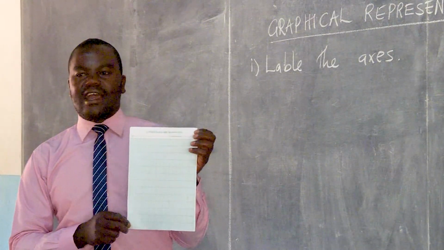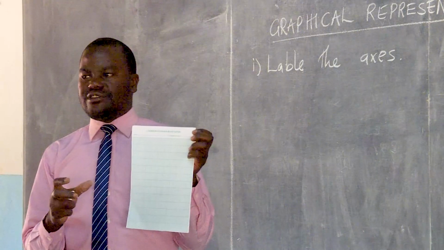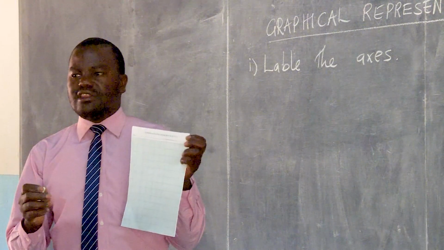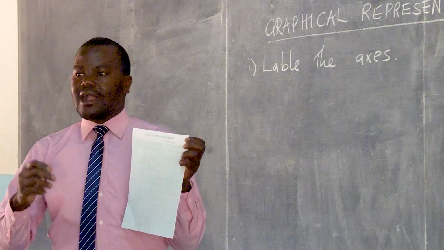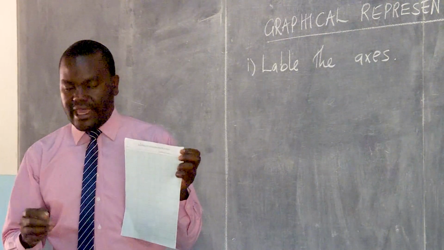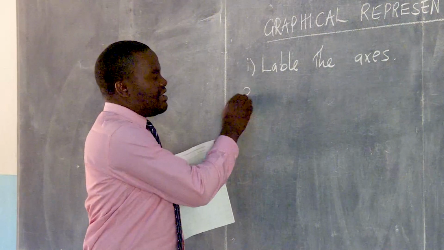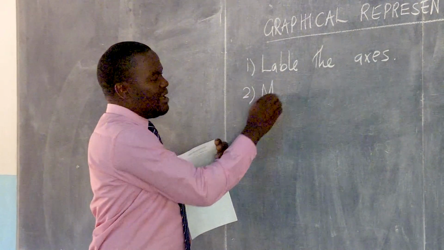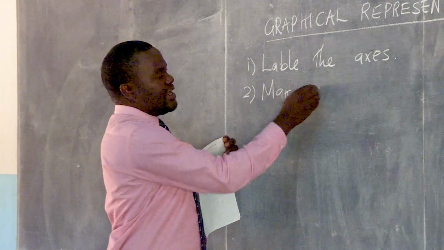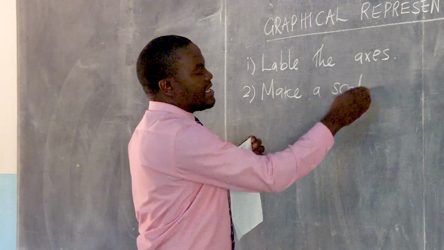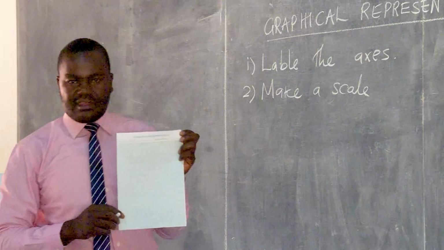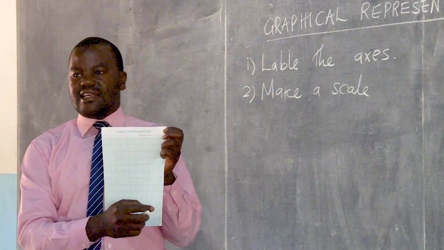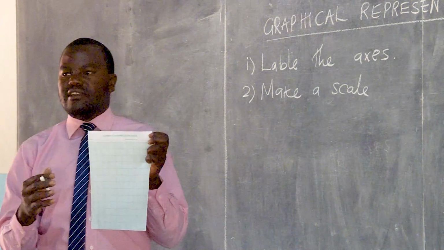After you've labeled the axis, you look at the data set, and based on that data you come up with a scale. So the second thing is you make a scale, both for the y-axis and for the x-axis, based on the values you've been given.